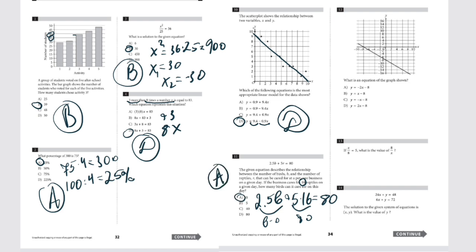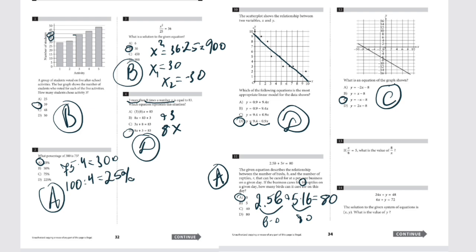12. What is an equation of the graph shown? When x is equal to 0, then y will be minus 8, and it has a decreasing trend, and if x is equal to minus 8, then y will be 0, so the answer is C. You can check it by yourself. 13.